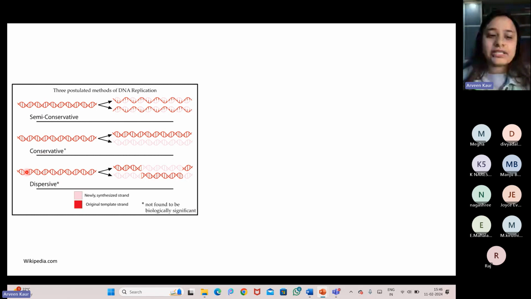Then the third model was dispersive, right? Now, what does this dispersive model say? It says that DNA basically randomly, some part of the DNA will randomly segregate, and after these random segregates are already present, they will denature, they will act as template for the new strands, then these segregated parent strands would merge together, and wherever the new strand had been segregated from the original complex, there the new strand will be added, right?